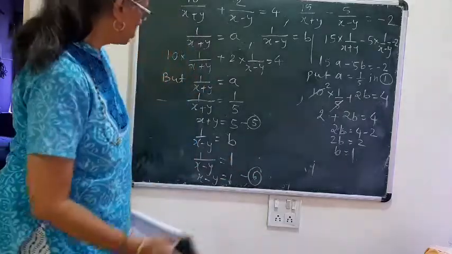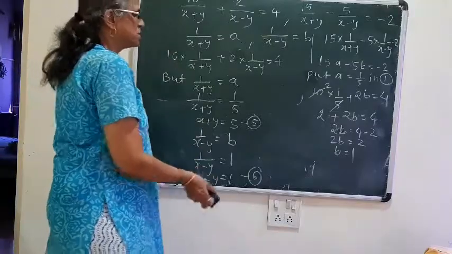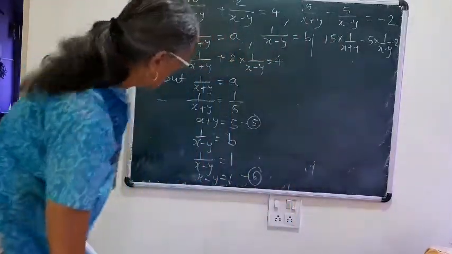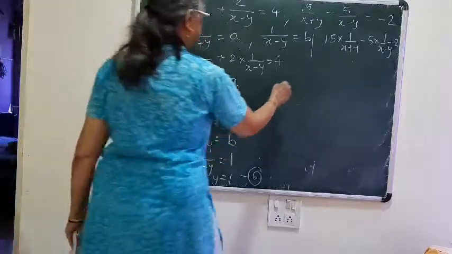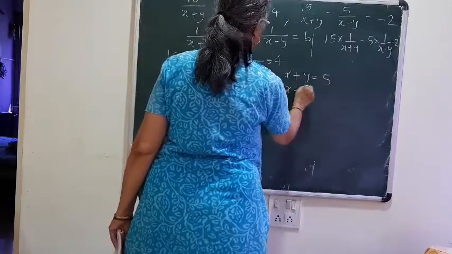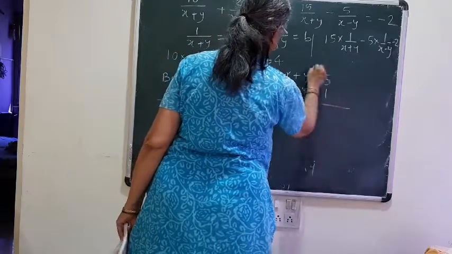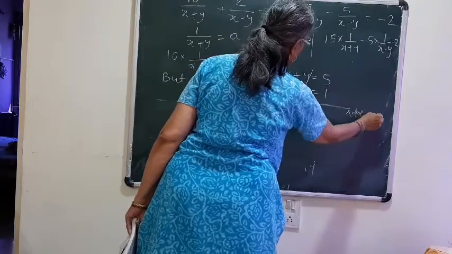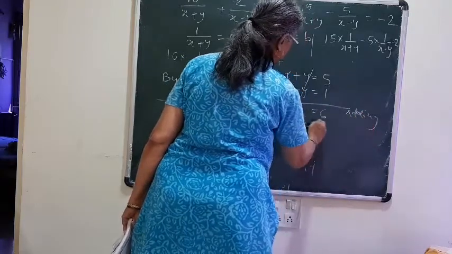Now we have to solve again these two equations by writing one below the other. So x plus y is equal to 5 and x minus y is equal to 1. Adding, not necessary to change the sign, therefore adding, x is equal to 3.